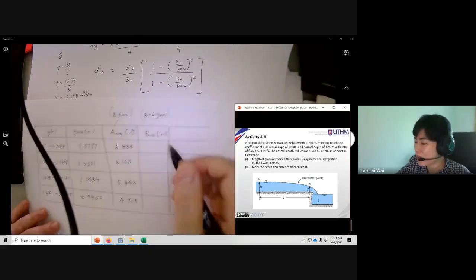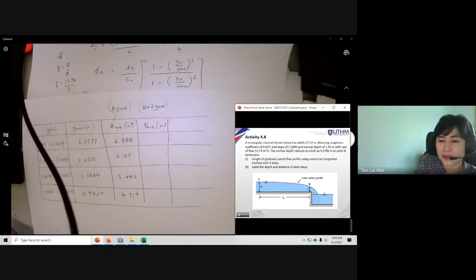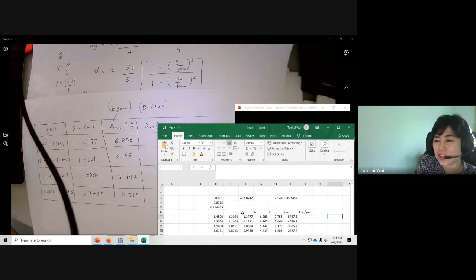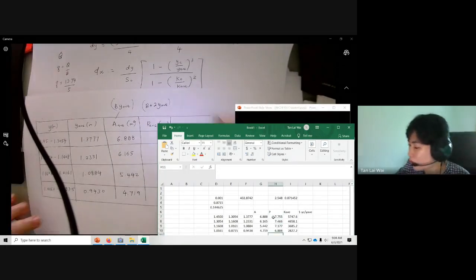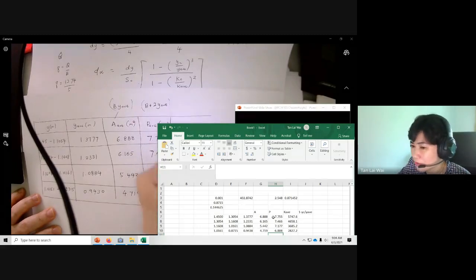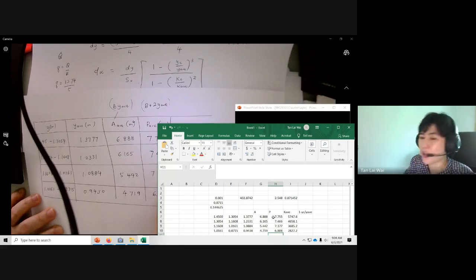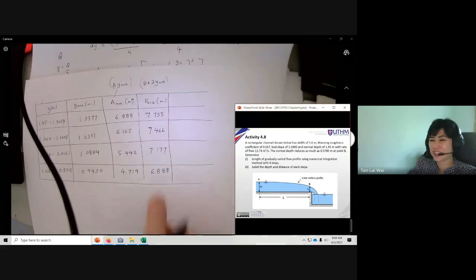So P average should be 5 plus 2 times this guy here. Just help me check the first value. I'm not sure whether my formula is correct or not. If you are able to help me check all, that is good too. So these are my values.